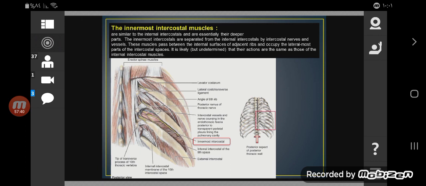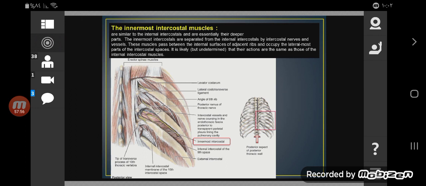Intercostal nerves. But the levator costarum is innervated by the dorsal spinal nerve.